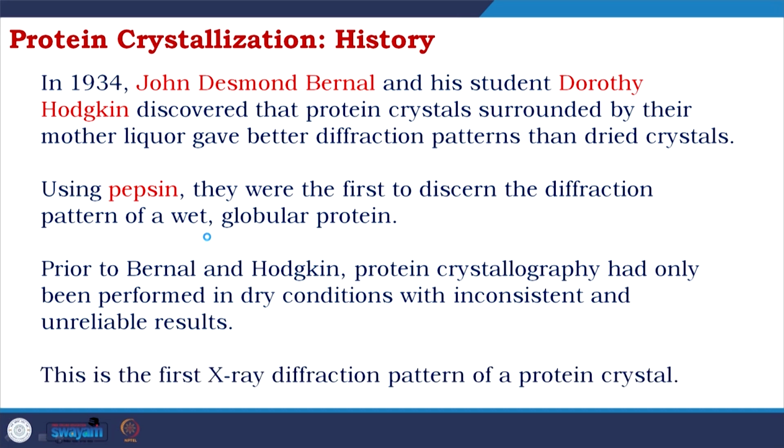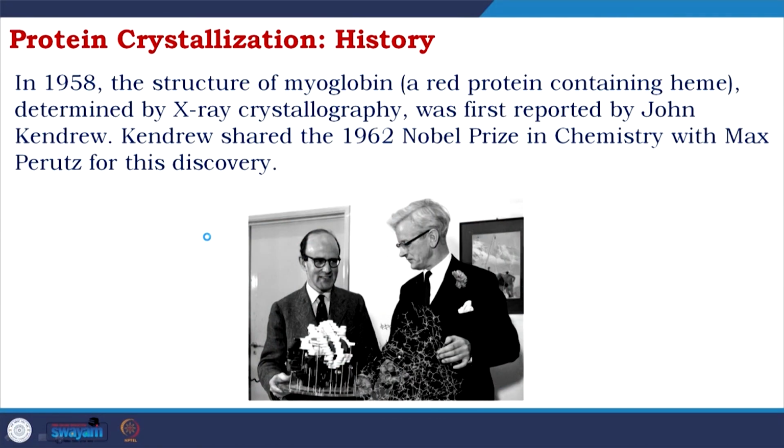This is the first X-ray diffraction pattern. It is not the solution yet. It is the first X-ray diffraction pattern of a protein crystal. And the start of the era of protein crystallography: in 1958, the structure of myoglobin, a red protein containing heme, determined by X-ray crystallography, was first reported by John Kendrew. Again, I talked about hemoglobin.